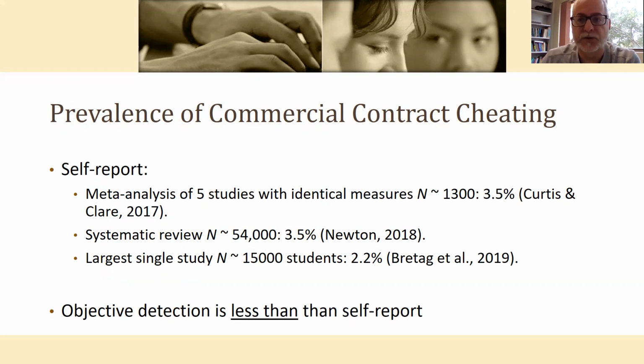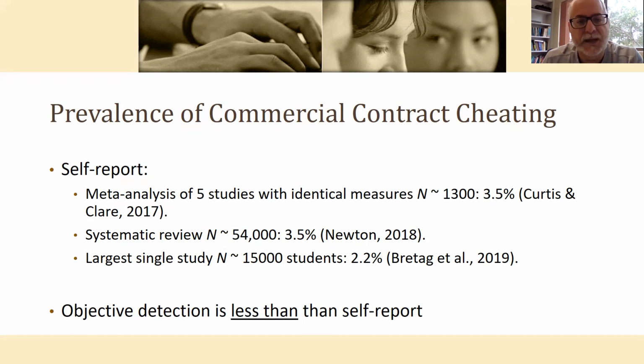That could have been work completed by a family member, for example. So these figures, say 2 to 3.5%, are substantially more than what's been detected in even the most widely reported scandals of contract cheating, but the objective detection is much less than the self-report.